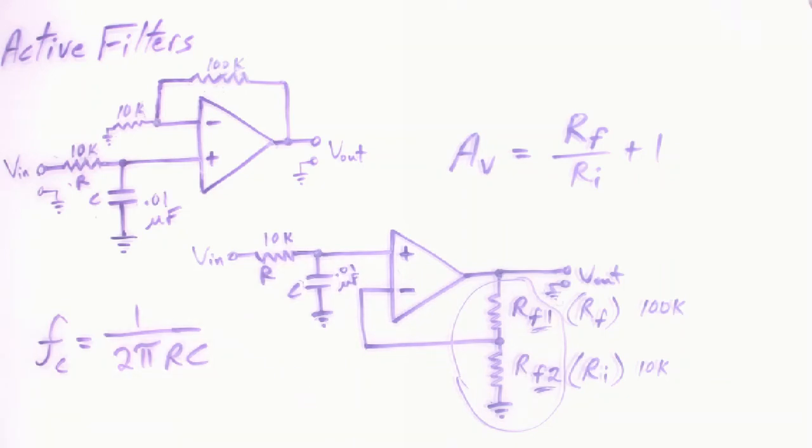But there's all kinds of creative ways people have found to build poles around an op amp. Some of them are easy to see right away, some of them maybe not so easy to see what's going on. But putting poles and op amps together to create active filters can get very creative.